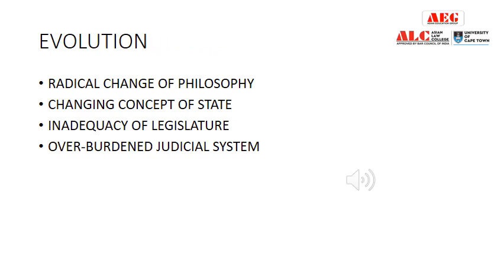So when we talk about the concept of evolution, or what led to the growth and development of administrative law, you have to, as we have done in classes, again revise the comparative analysis. You have to do a comparative analysis of the whole thing, how it all developed as a legal subject. It got evolved.